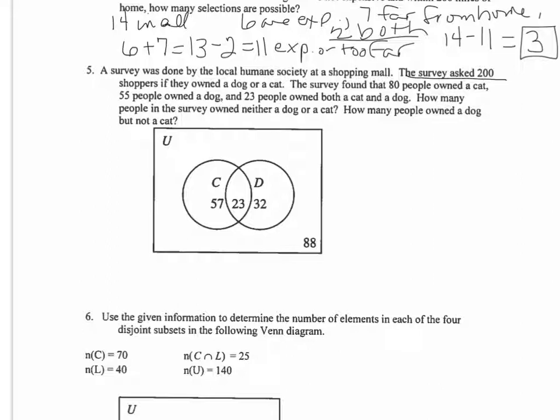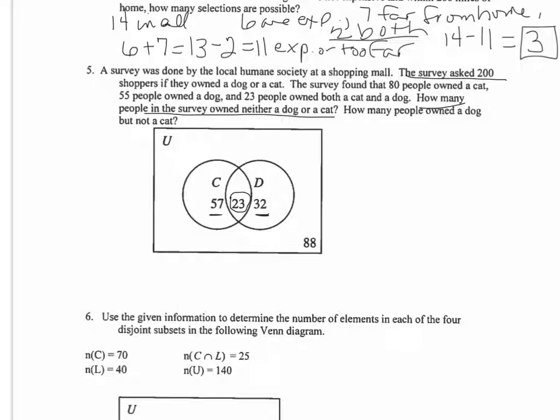If this represents how many people just owned a cat, and this represents how many people just owned a dog, and this is how many people owned both, out of these 200 people, how many owned neither a dog or a cat?